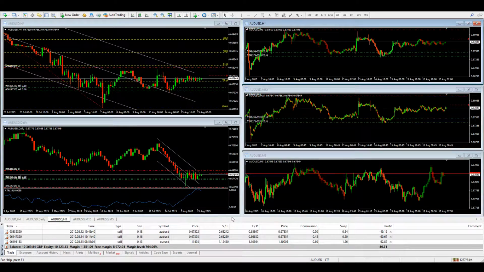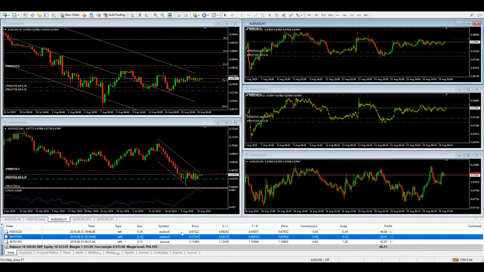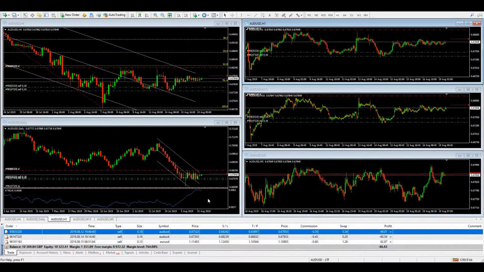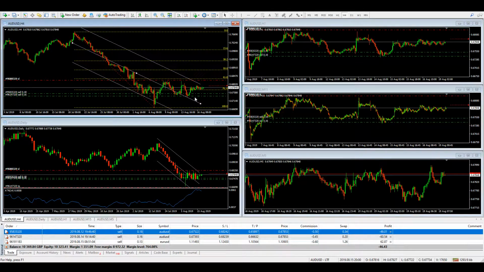So this is a position I opened and scaled into last week. I did have it open over the weekend as well. I do typically avoid opening new positions over the weekend, but if I'm in something that has still potential, I kind of make a decision on the Friday as to whether to hold it over. The price action on the Friday was good enough for me to consider holding this position.